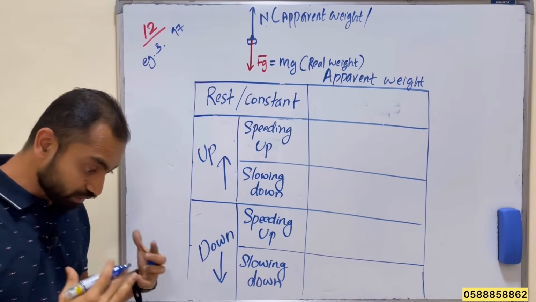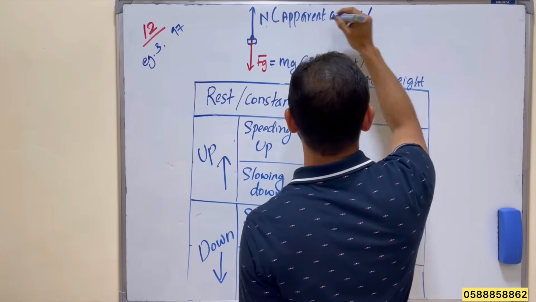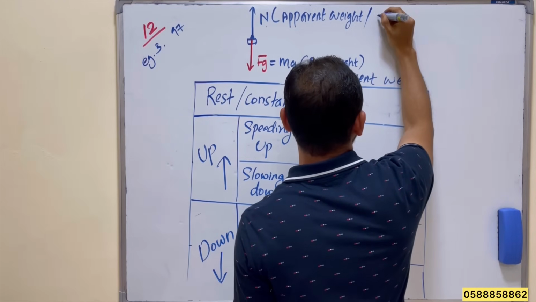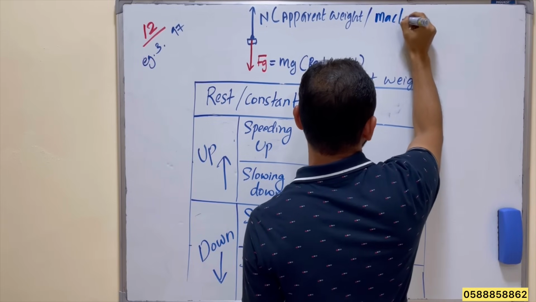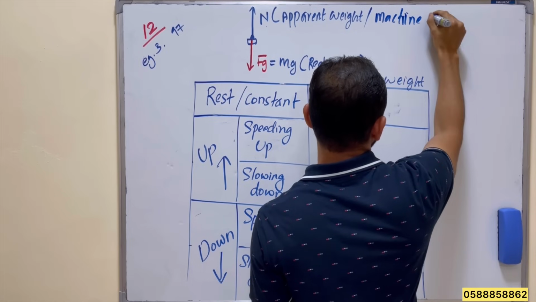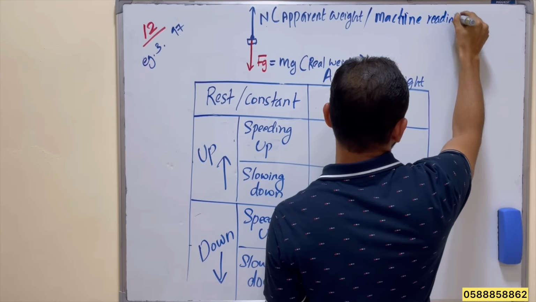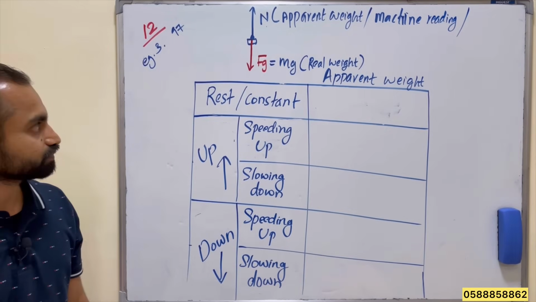The scale that I am standing on will read the apparent weight. Okay, it reads the normal force, that is the apparent weight. So this will be the machine reading.